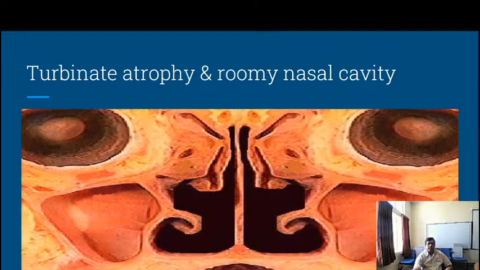Then the same thing that you see in atrophic rhinitis. You see that maybe the superior turbinate is not seen, or is smaller. This is the middle turbinate. The bulla ethmoidalis is atrophied.